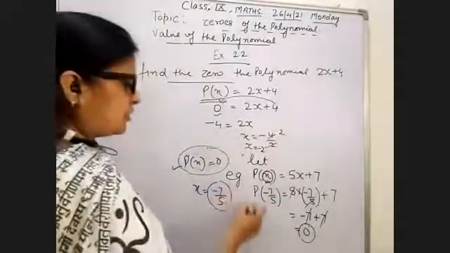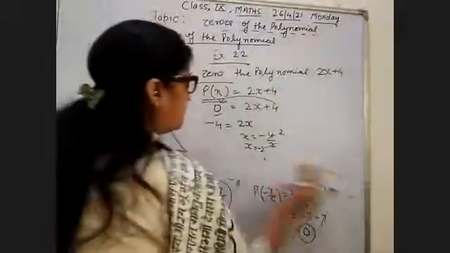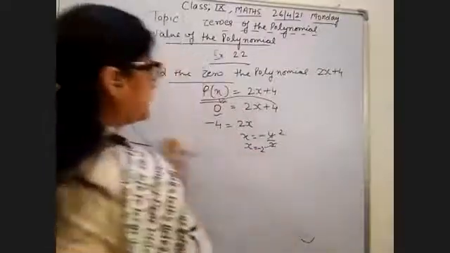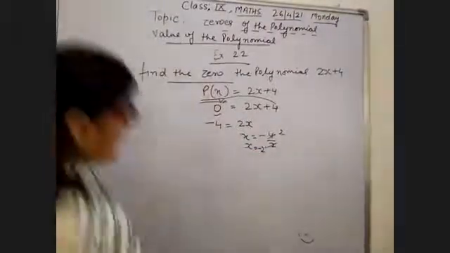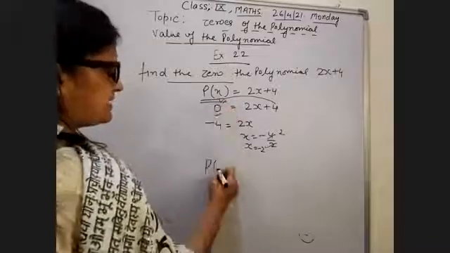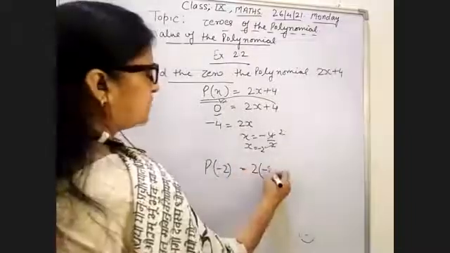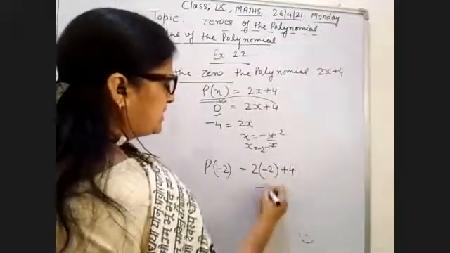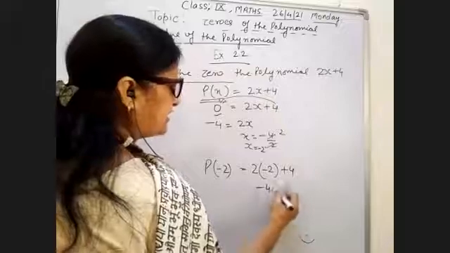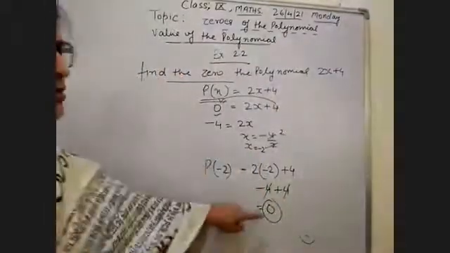Then I want to check whether it is 0 of the polynomial or not. So how will we check it? In place of x, I put here minus 2. So 2 into minus 2 plus 4, it is equal to minus 4 plus 4. It is equal to 0.